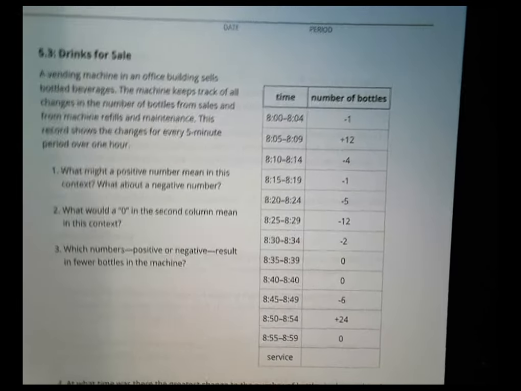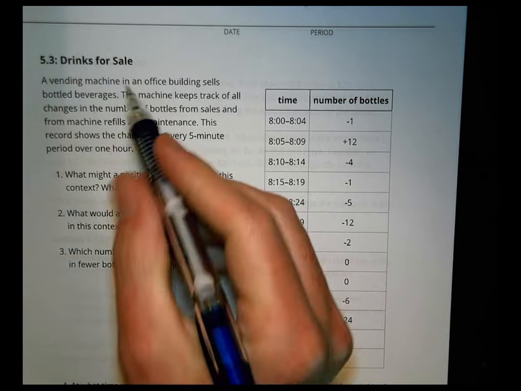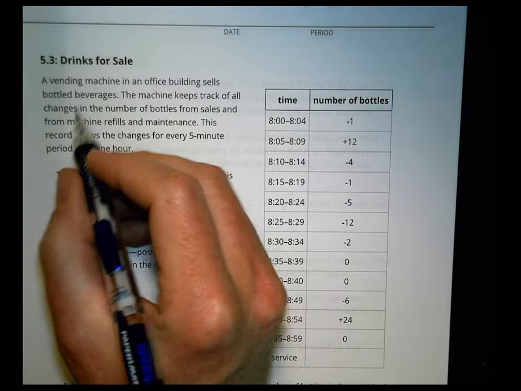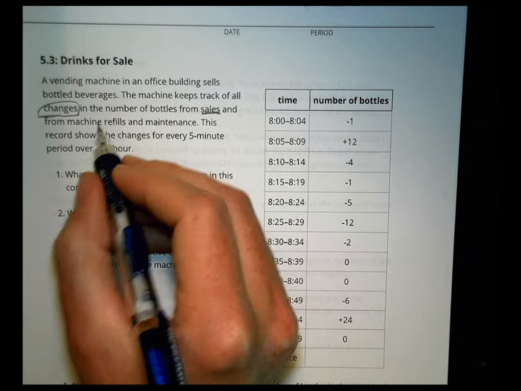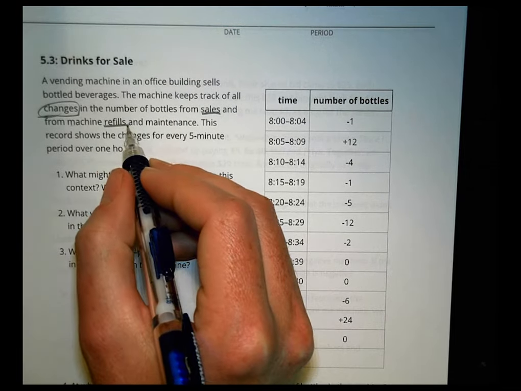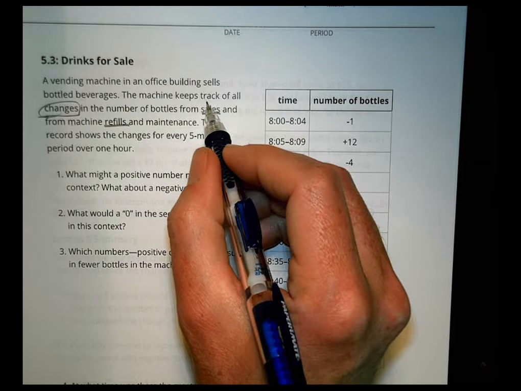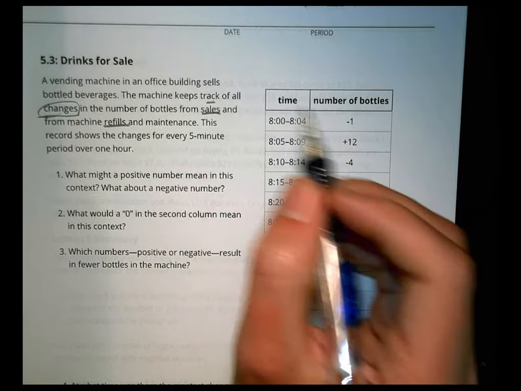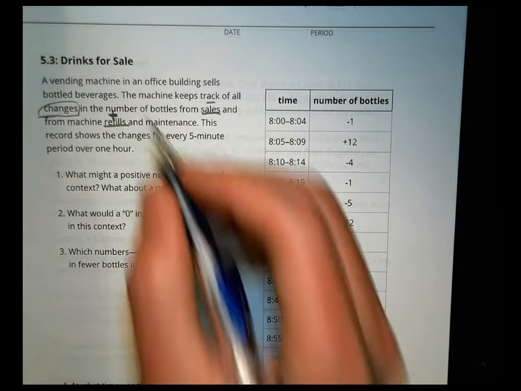Drinks for sale. A vending machine in an office building sells bottled beverages. The machine keeps track of all changes in the number of bottles from sales and from machine refills and maintenance. So it keeps track of sales, bottles going out, that's going to be a subtraction, and refilling is going to be adding more back into it.